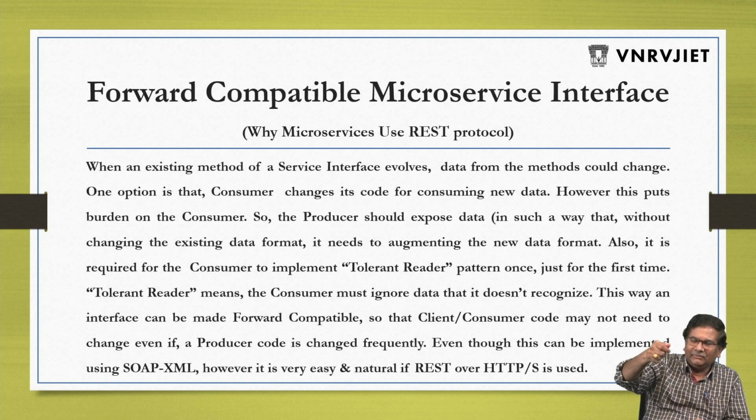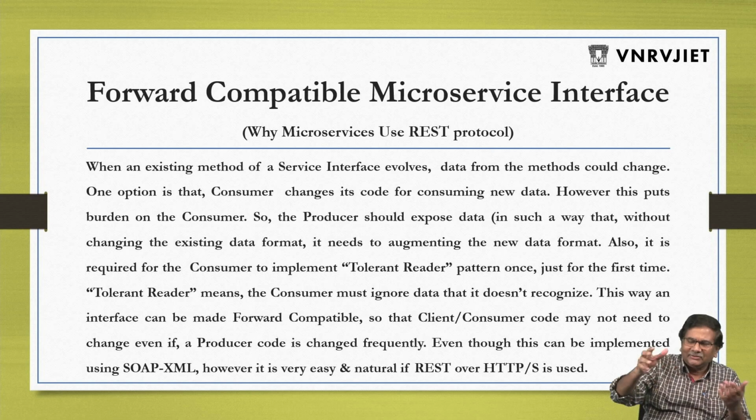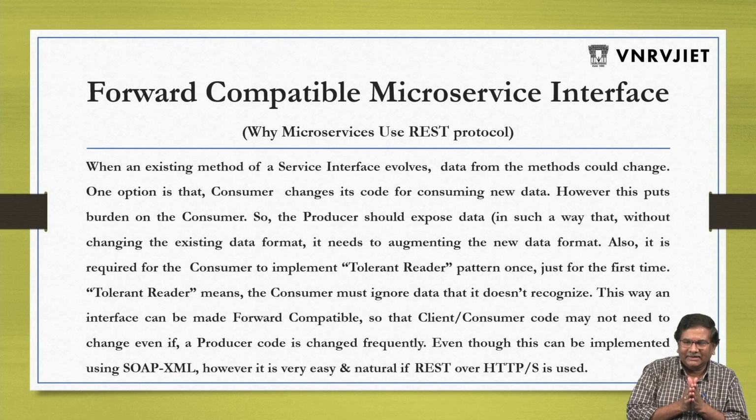Earlier in the old code it was giving AB. Now it is giving ABC. As a client I might get confused, right? So what I could do is just ignore C. Even if it is there, just ignore C. That's what a tolerant reader is. So implement the tolerant reader pattern so that you don't run into this problem.